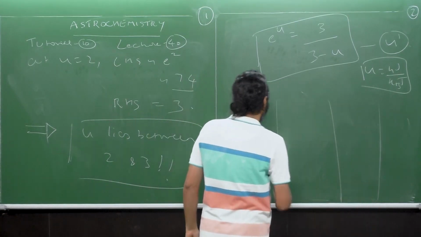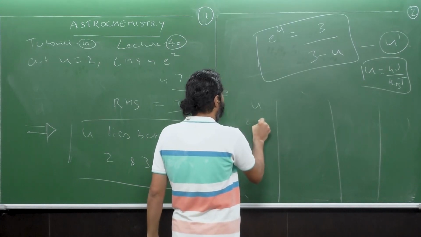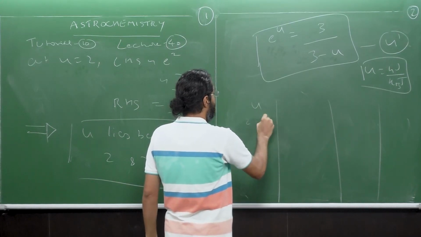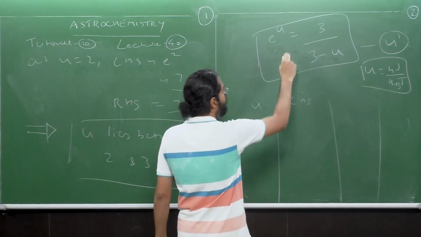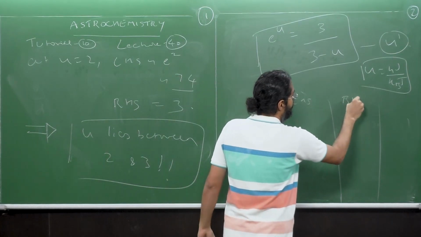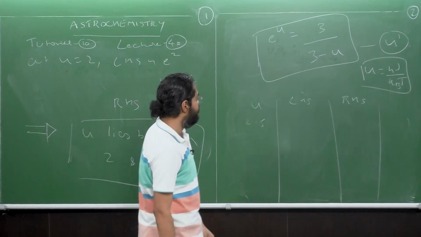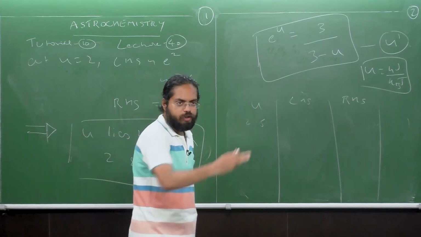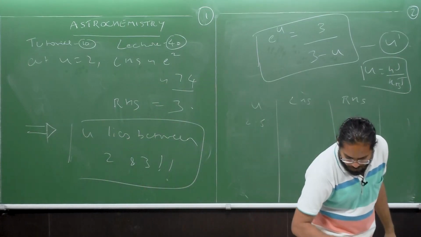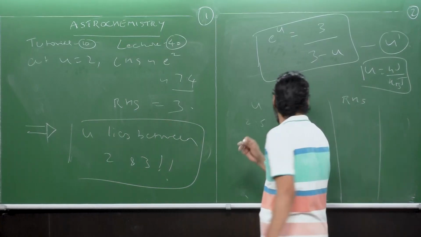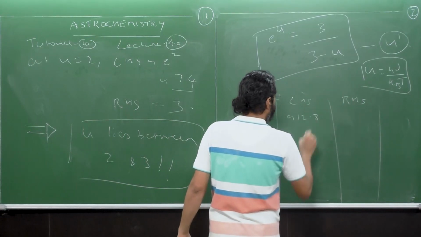Let me pick up the various values. Let's say I start with u as 2.5, and I will tell you what happens to the value of the LHS and the RHS. I have tabulated it: e to the power 2.5, the LHS, is approximately 12.8.